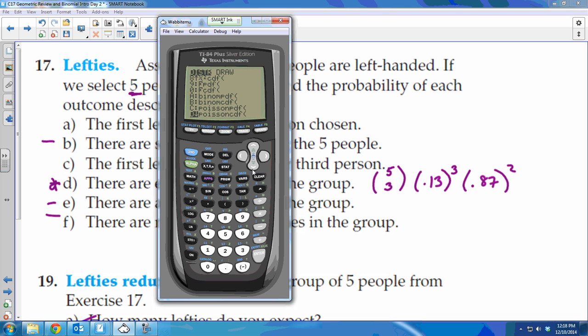PDF, doing an exact situation. And if you look at it, it asks for the number of trials, 5. The probability of success, in this case wanting a lefty, 0.13. I use how many lefties I want. It's 3. And then you hit paste. It gets you the same.